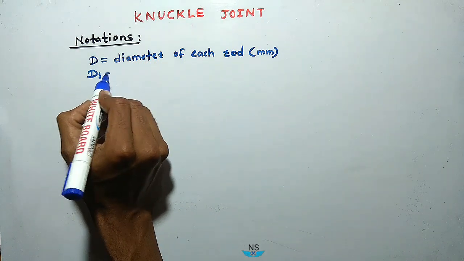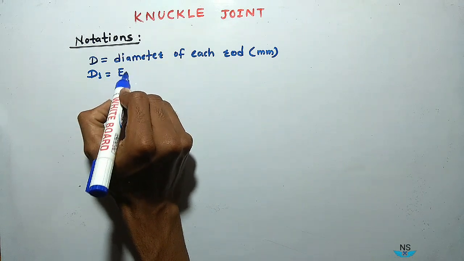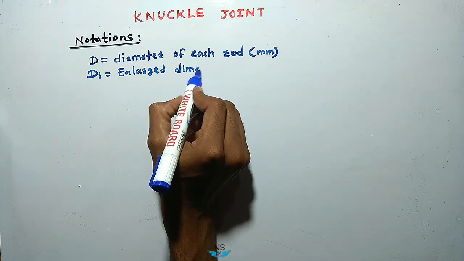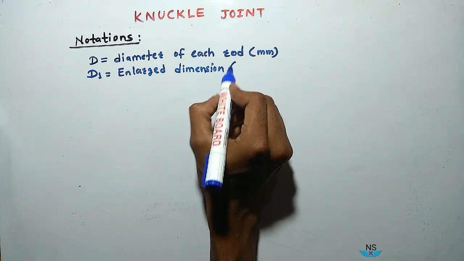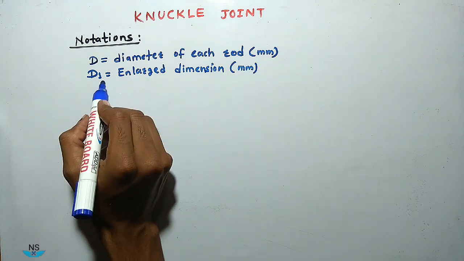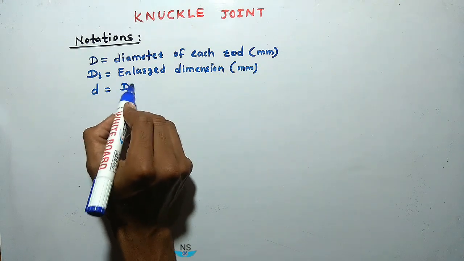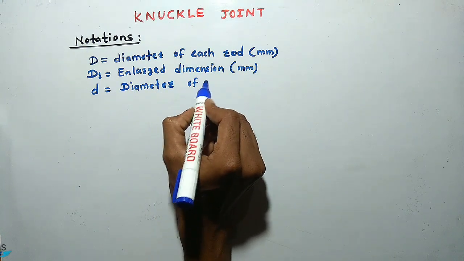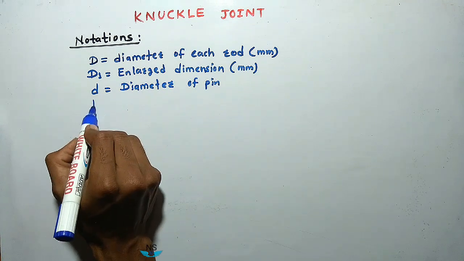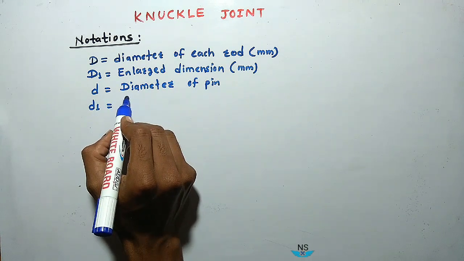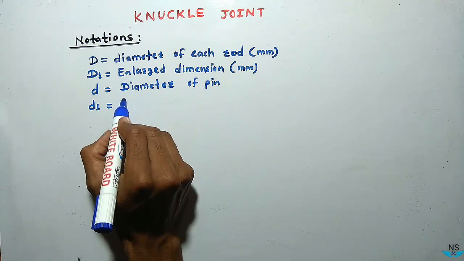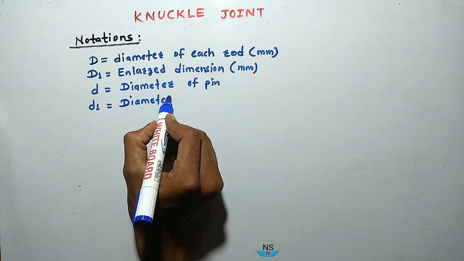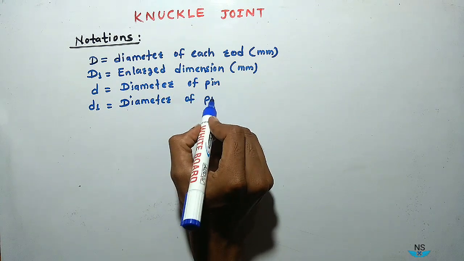Then capital D1 is for the enlarged dimension of each rod. Then small d is the diameter of the pin, the knuckle pin. Then small d1 is the diameter of the pin head.